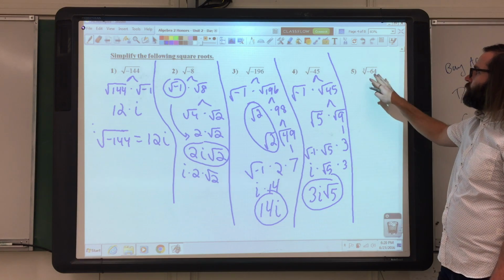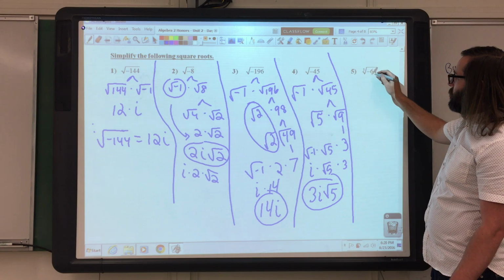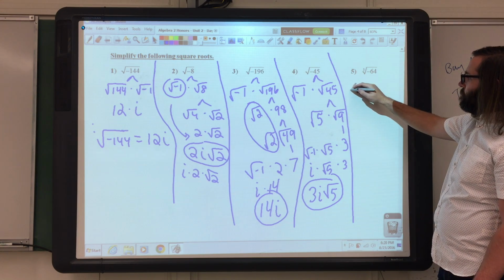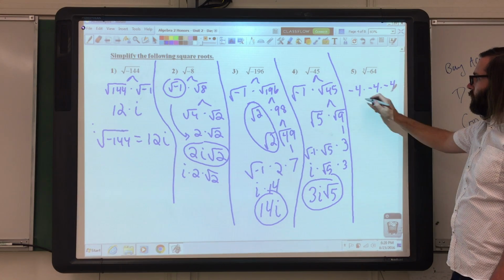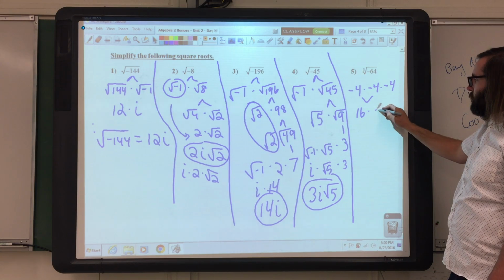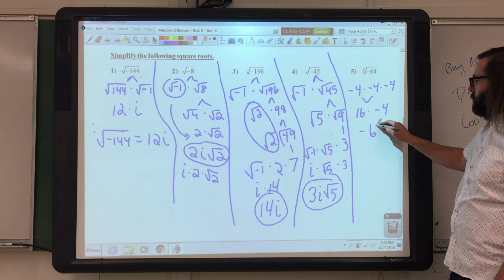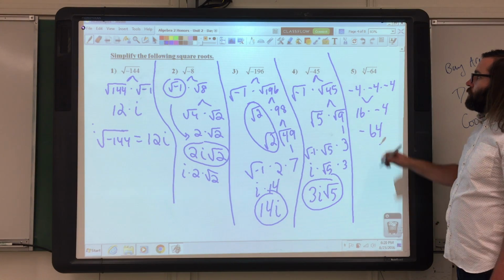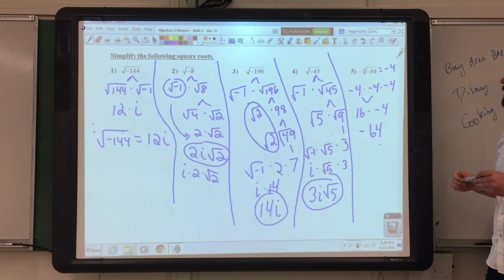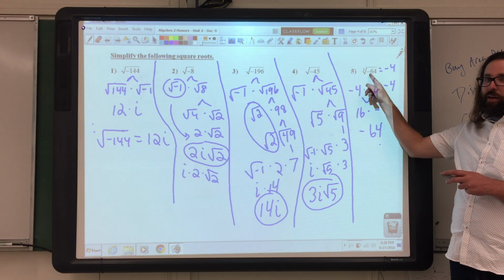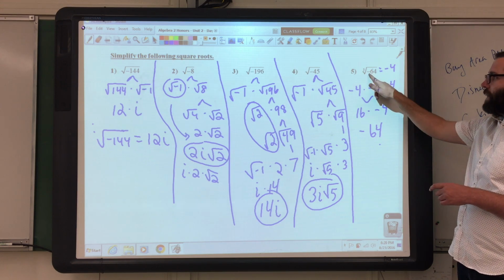So you might not be able to recognize this, but negative 4 times negative 4 times negative 4 will give you positive 16 times negative 4, which gives you negative 64. So the cube root of negative 64 is just negative 4. Cube roots, you can have a negative in there, because you can have 3 negatives. When you multiply them together, they still give you a negative.